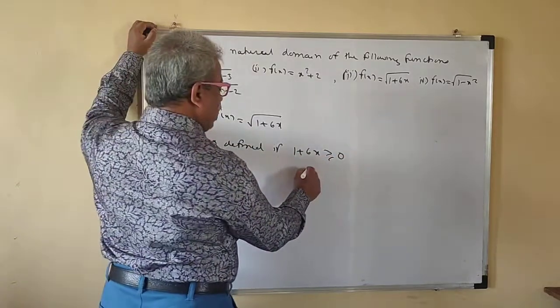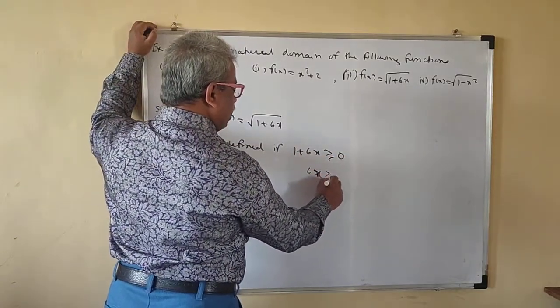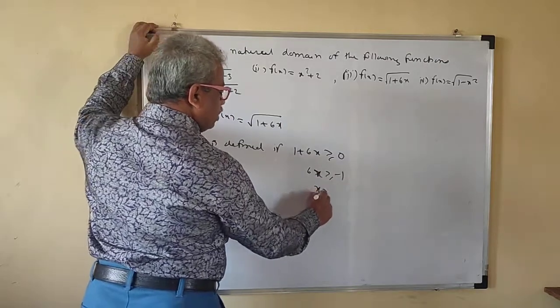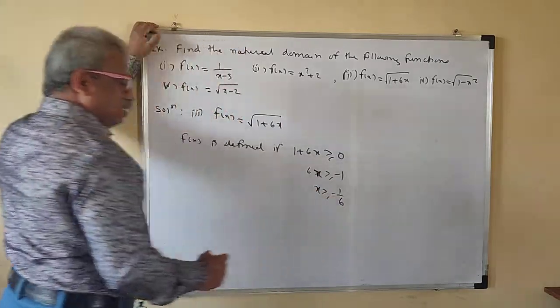We shift 1 to that side: 6x is greater than or equal to minus 1, so x is greater than or equal to minus 1 upon 6.